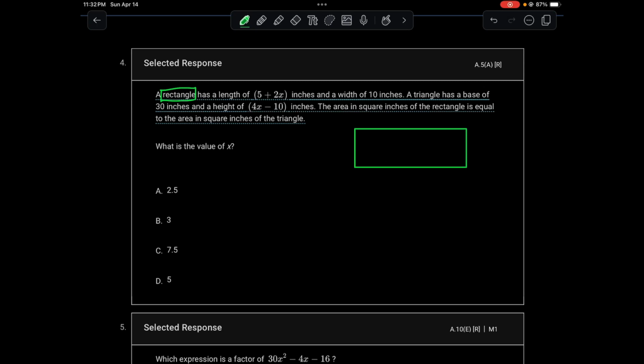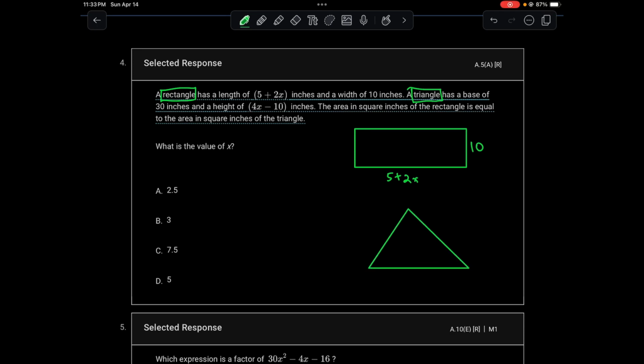Okay, so this is a rectangle. It has length 5 plus 2x inches, and width 10. Okay, so that's the length and width. A triangle. Let's see if it can help me draw a triangle here.